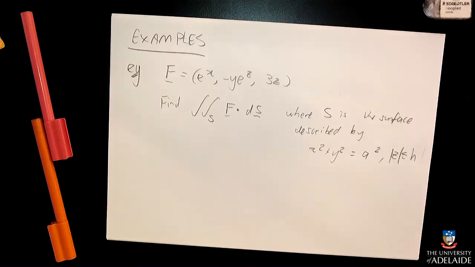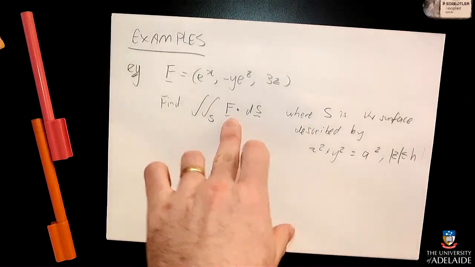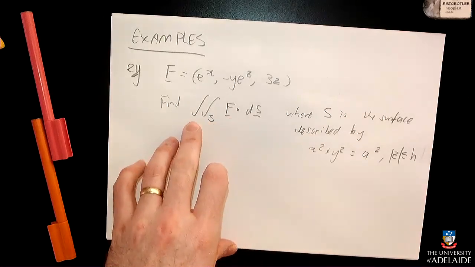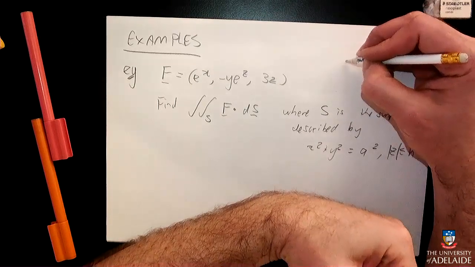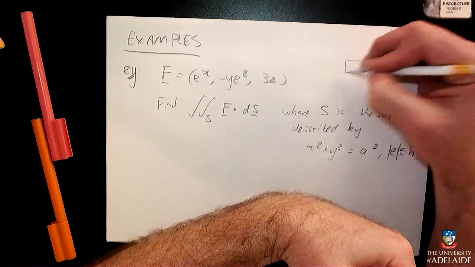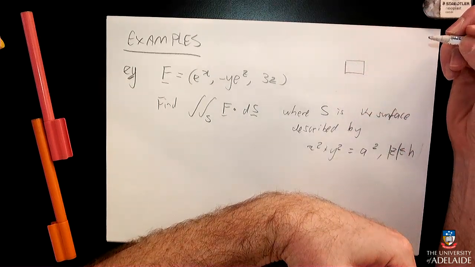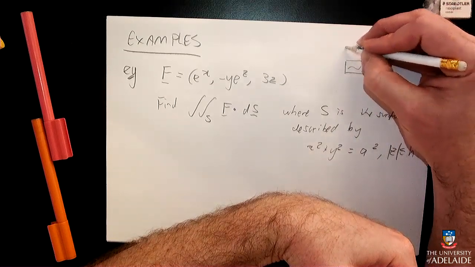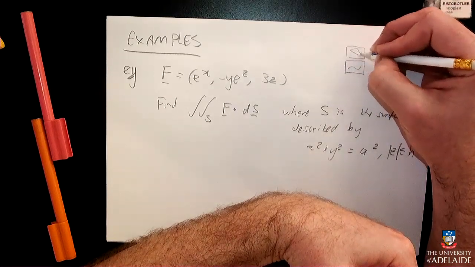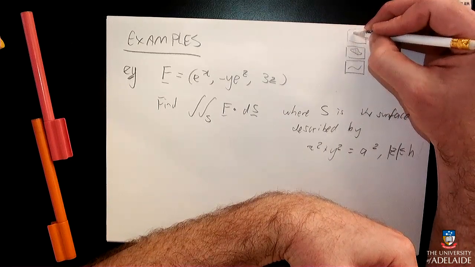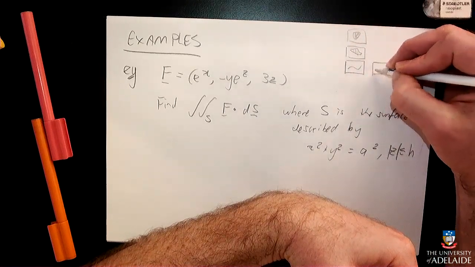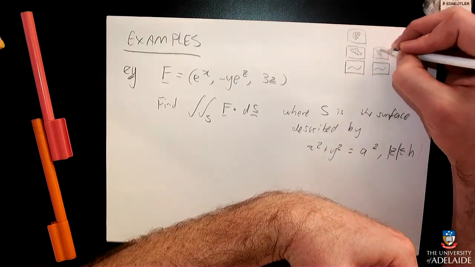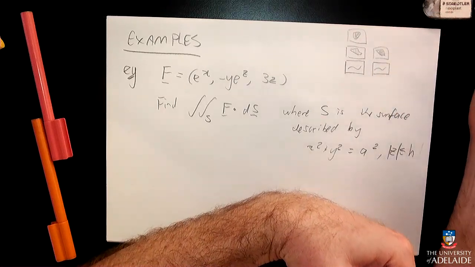So this is a vector function integrated across a surface. So in 3D we have scalar functions integrated across curves, scalar functions integrated across surfaces, and scalar functions integrated across volumes. And we have vector functions integrated across curves, and vector functions integrated across surfaces.